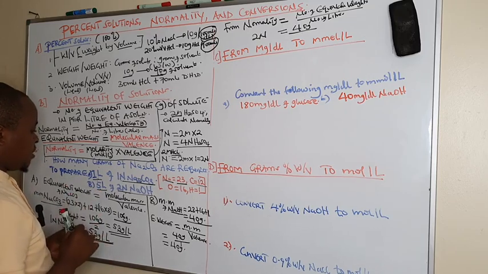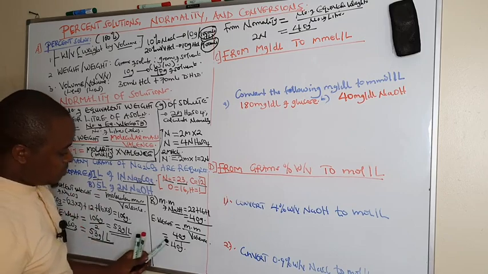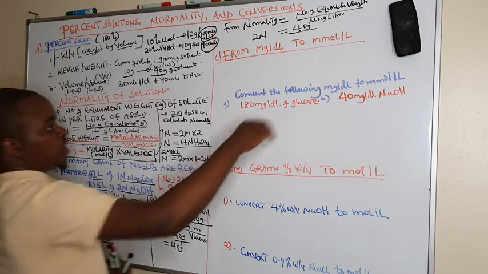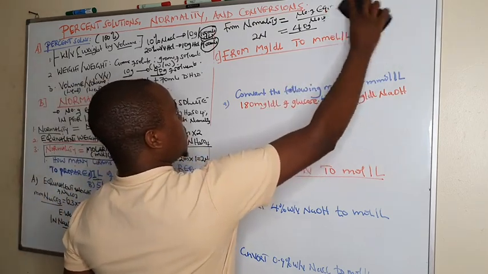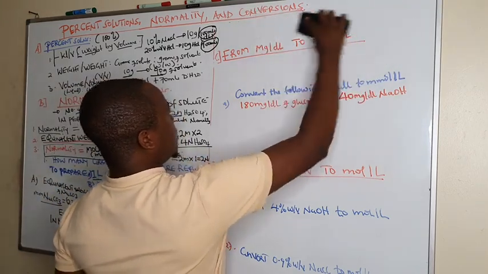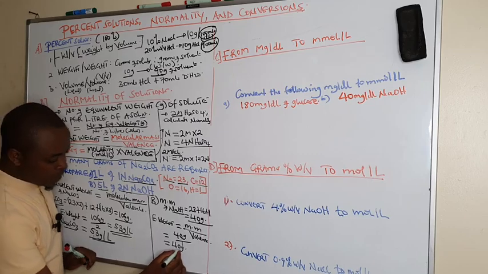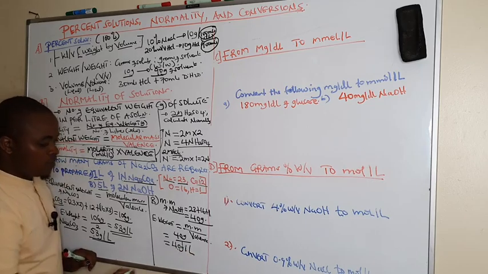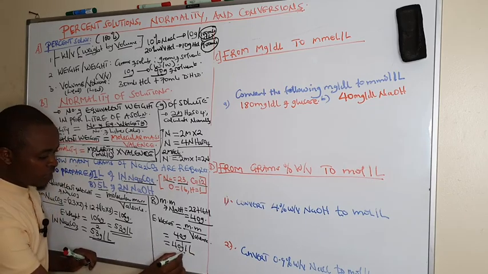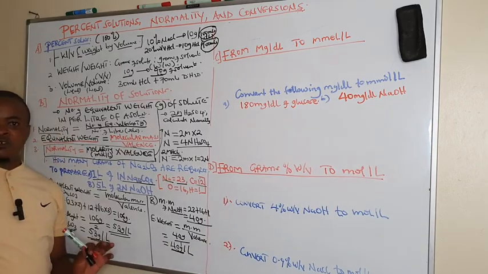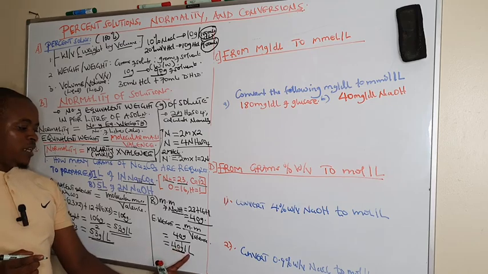This one might not come out well, so we can approach it in this way. After getting these, they are in a liter. These 40 grams which we have got here of sodium hydroxide are dissolved in a liter.